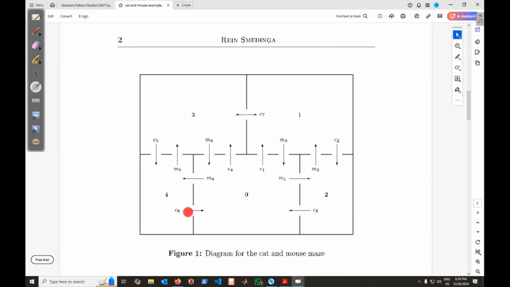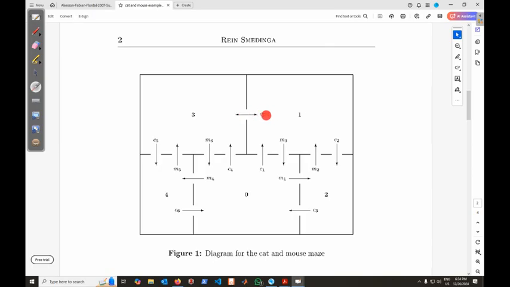Somehow this notation may be confusing, because C6 lets the cat traverse from room number 4 to room number 0. The same goes for C3. The only door that can be traversed in both directions is C7, which lets the cat traverse from room number 1 to 3 and vice versa.